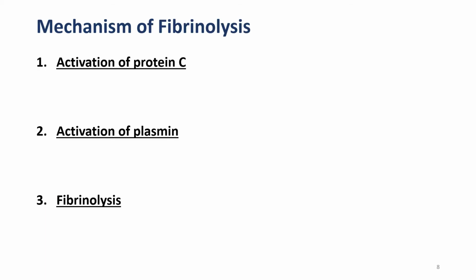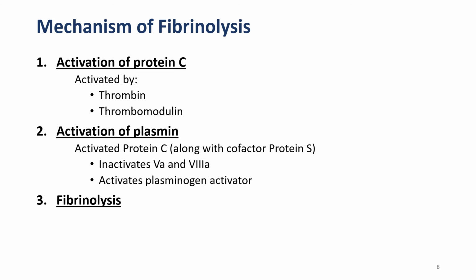Then write about the mechanism of fibrinolysis, the 3 major steps. Activation of protein C is brought about by thrombin and thrombomodulin. This activated protein C, along with cofactor protein S, inactivates activated factor V and activated factor VIII.